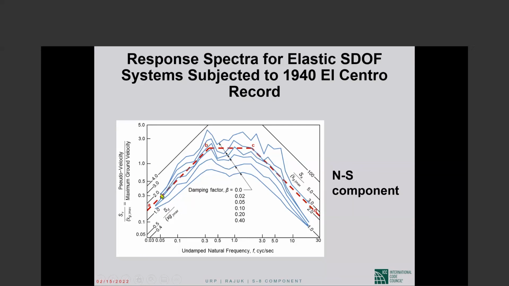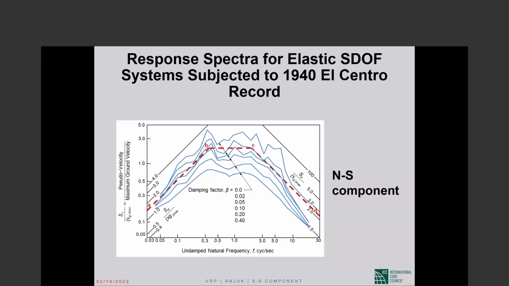And at these low frequencies, high periods, it is the constant displacement part of the spectrum. The spectral displacements now are constant along that branch. Okay, you see on this diagonal scale where we are reading the spectral accelerations, they are normalized with respect to the peak ground acceleration.